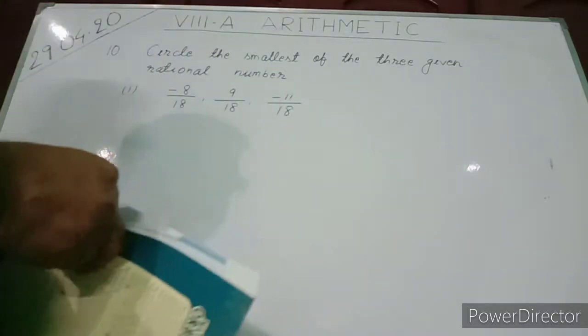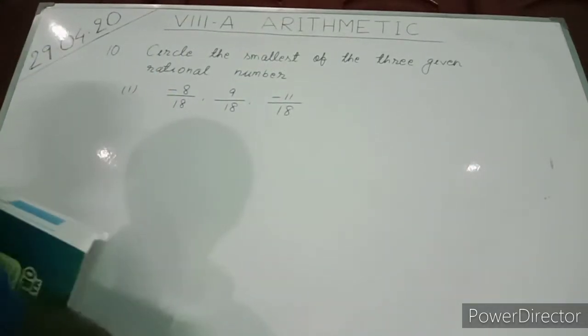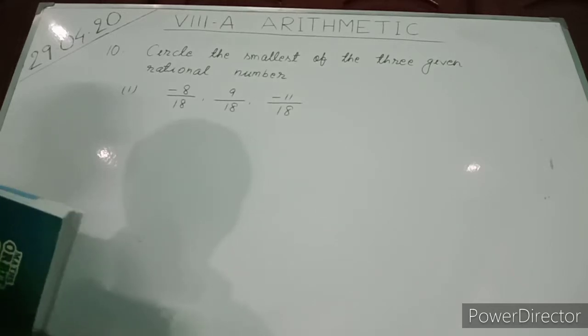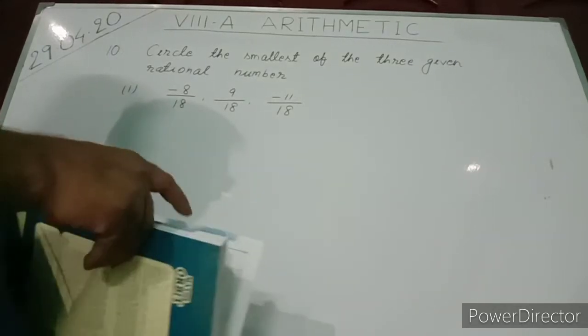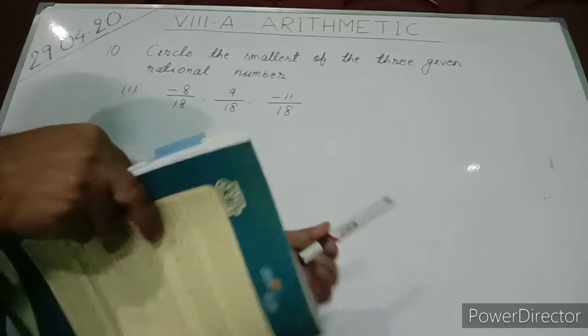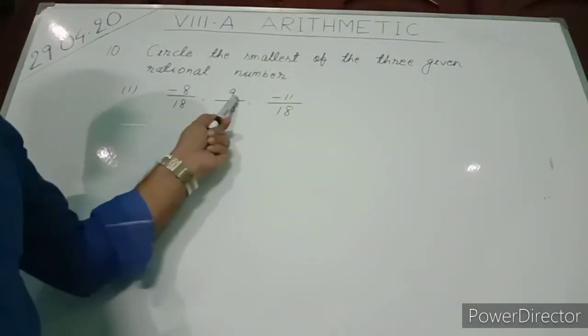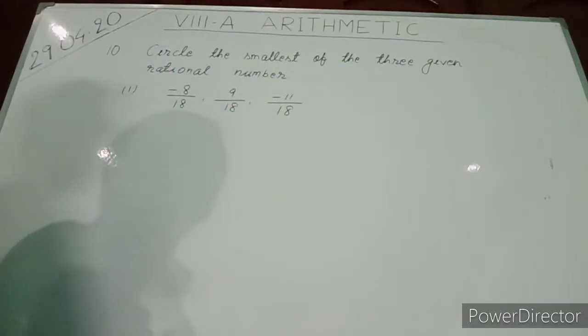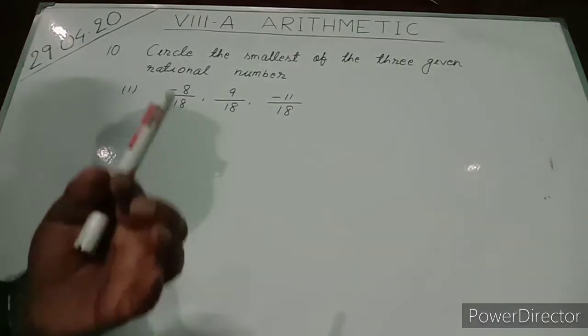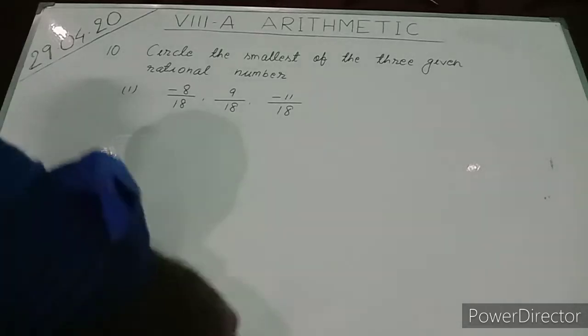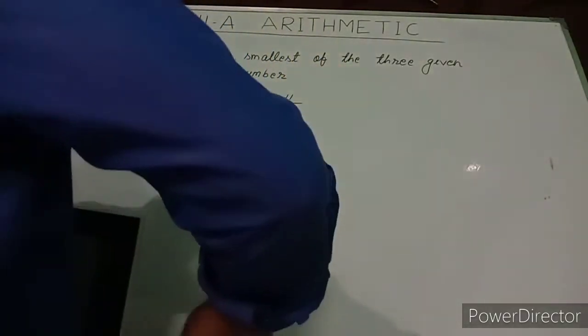So in this question, what are you seeing? These denominators are same, that is 18. So in this case, we compare only the numerators. Among those three numerators, we have to choose the smallest one, and the smallest numerator is minus 11.